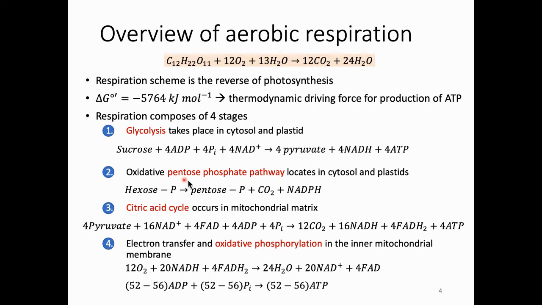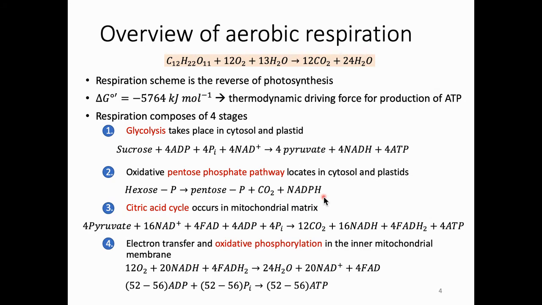Pentose means 5-carbon sugar, and you start from hexose. Hexose is the sugar containing 6 carbons. Hexose phosphate is the substrate, and you get pentose phosphate as the product, and you get another reducing power, NADPH.